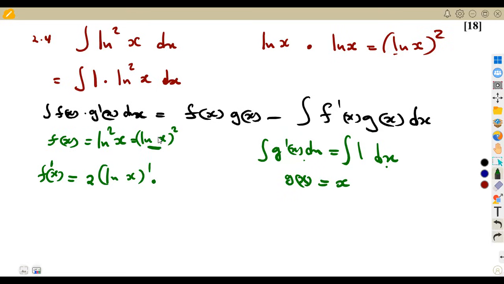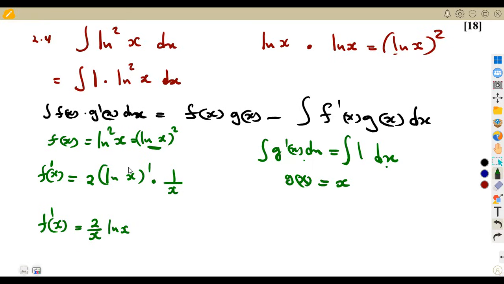Remember your function inside of the bracket. If we differentiate ln, it gives us 1 over x. So this whole part of the first derivative with respect to x was going to be 2 times 1 over x, which is 2 over x, into ln of x. This is what we have.